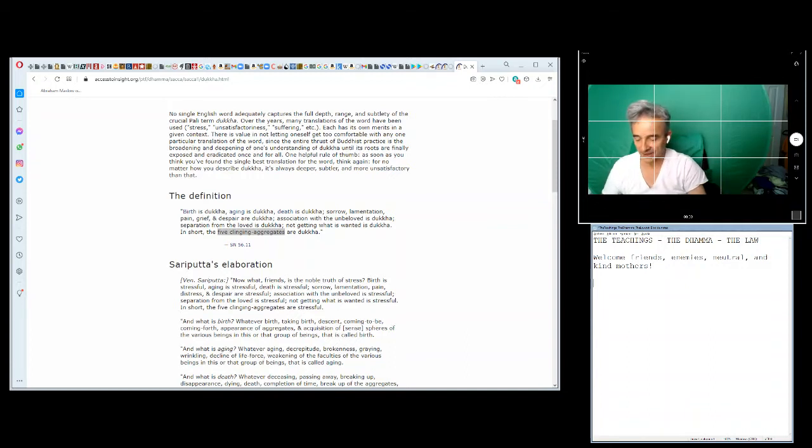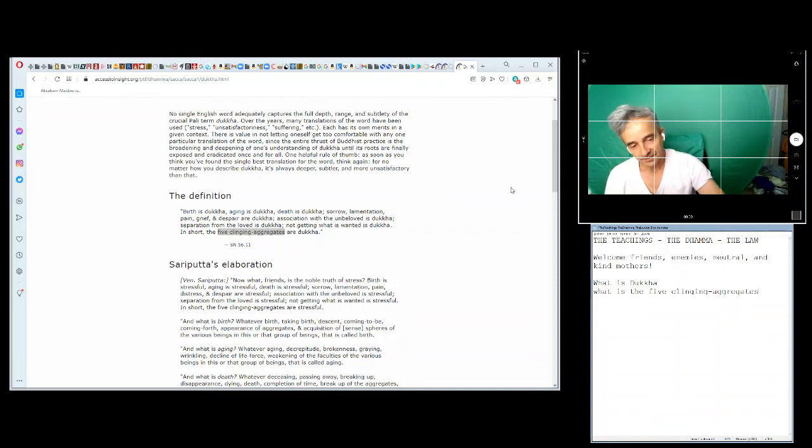Okay, so we want to know what is dukkha and what are the five clinging aggregates, because in the definition of dukkha, there is mention of the five clinging aggregates.